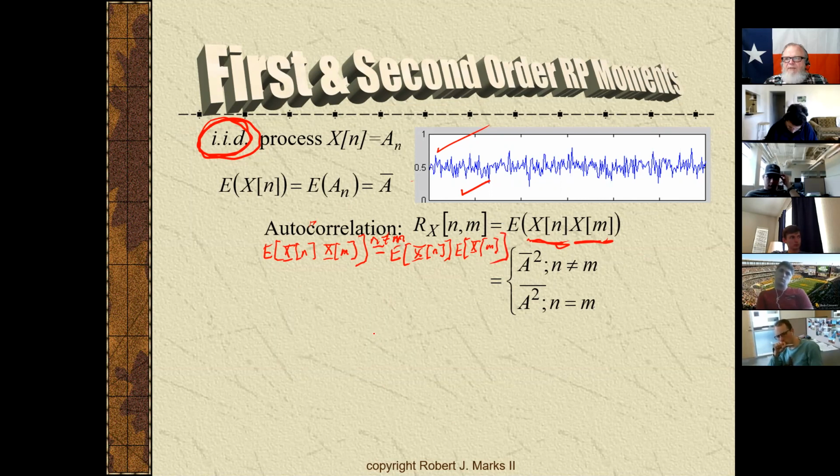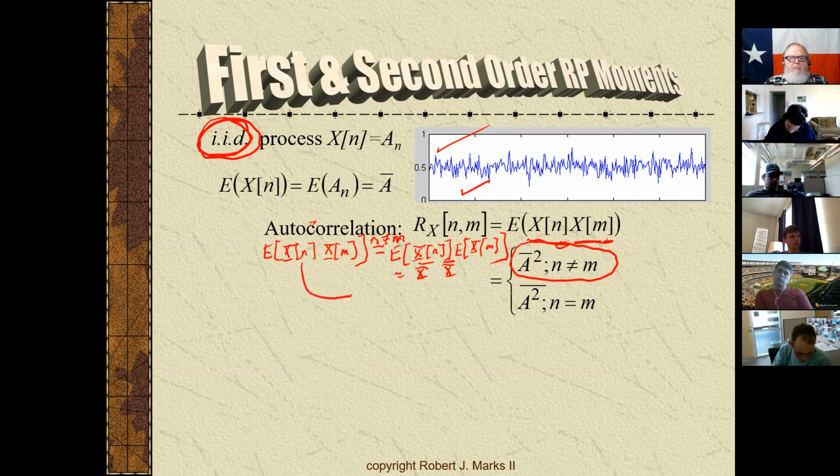Because if they're independent of each other, the expected value of the product is the product of the expected values. And so that's what we're saying here. Both of these are equal to x bar, which is why we get the a bar squared for n not equal to m.